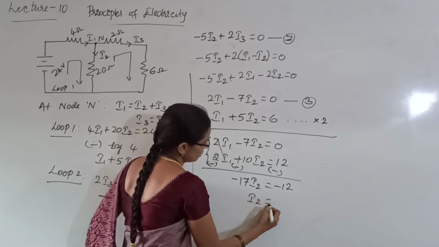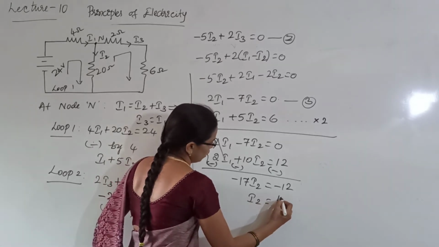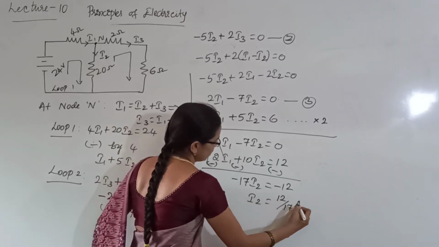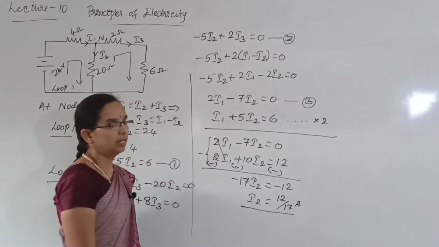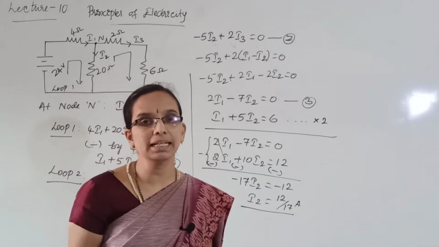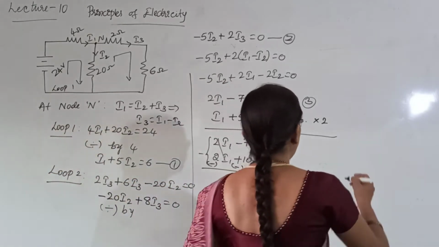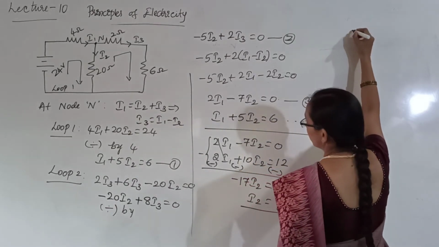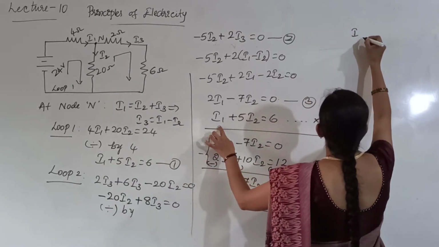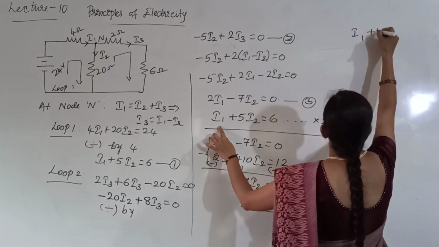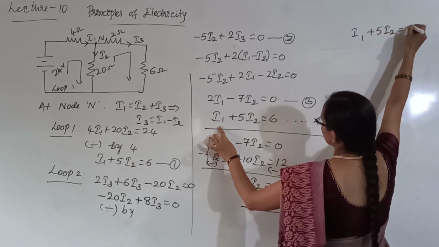I will keep it as 12 by 17 amperes like that only. If you have a calculator, calculate it. I1 plus 5 I2 is equal to 6.